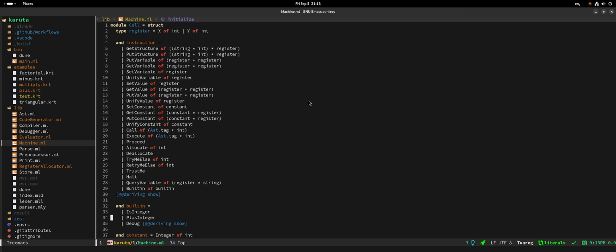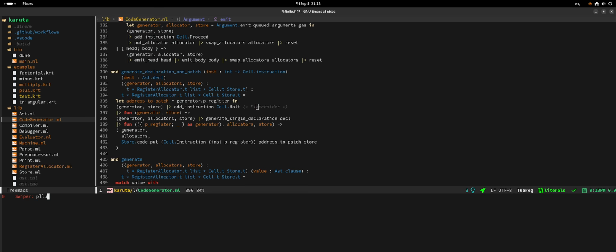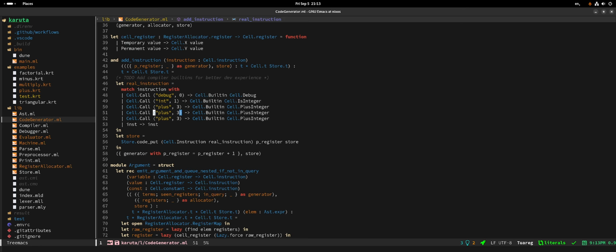Yeah. Multiply also needs to check for zeros, right? But other than that, we should be fine. Minus, multiply. And then we go to the code gen. And that's actually pretty convenient that we only need to change these guys. So minus, multiply.